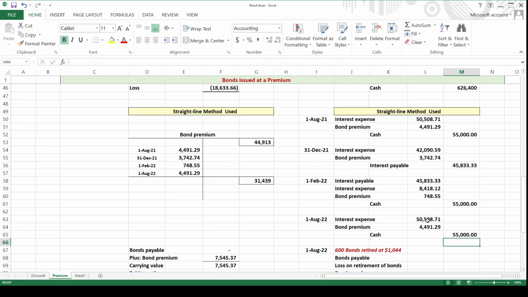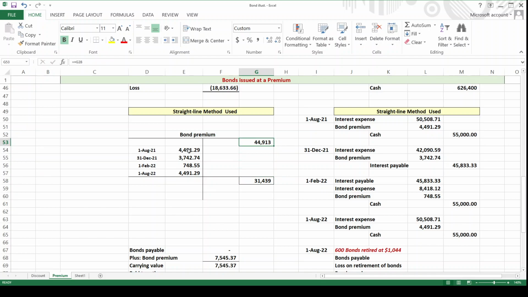3 payments, and there was an accrual in the middle there somewhere. And let's look at our account balance. We started at 44,913, which we did with the effective interest method as well. These are the amortization numbers. Okay, here's my balance. Okay, let's check that number now.